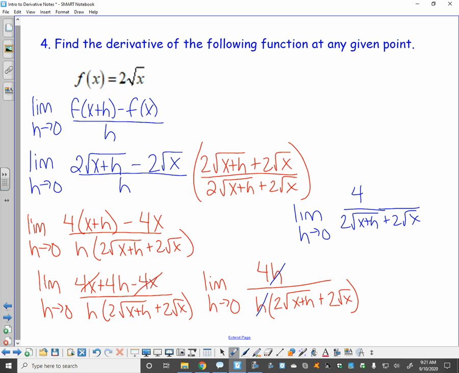Okay, I have cleaned. I can now pull the trigger on my limit. So, and make sure you have good notation. Make sure your limit carried all the way through all that crap. So now if I let h go to 0, I have 4 over 2 root x plus 2 root x, which is 4 over 4 root x, which is 1 over root x.